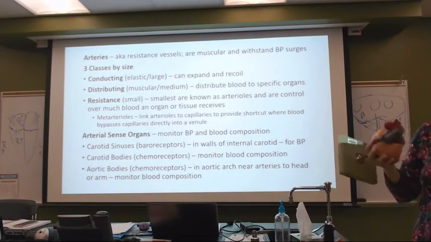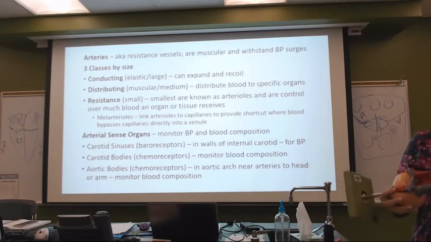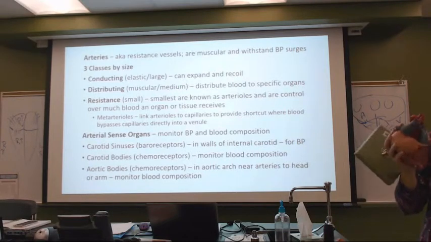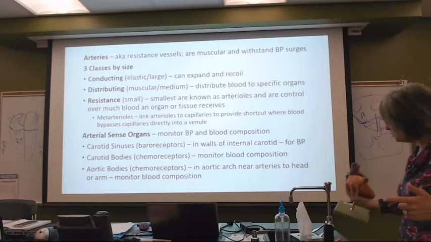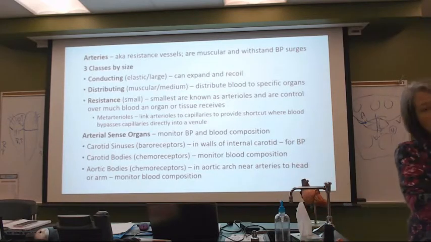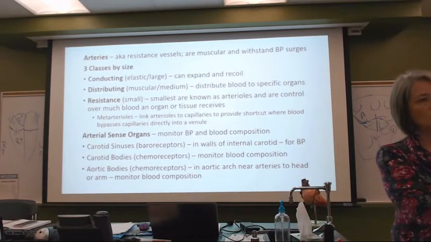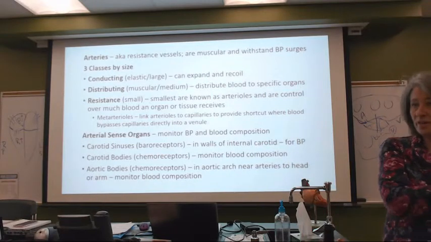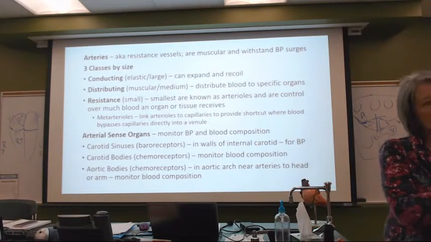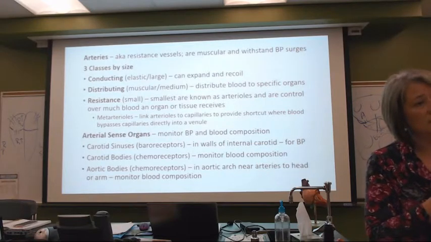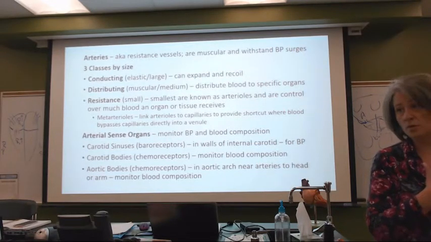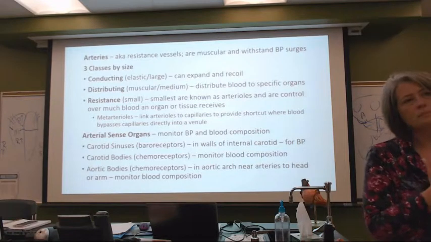And in all reality, it's difficult to determine the actual pressure because the closest we can get to it is here, the brachial, where we can do the blood pressure here. It's a good indicator of what's happening at the aorta, okay?